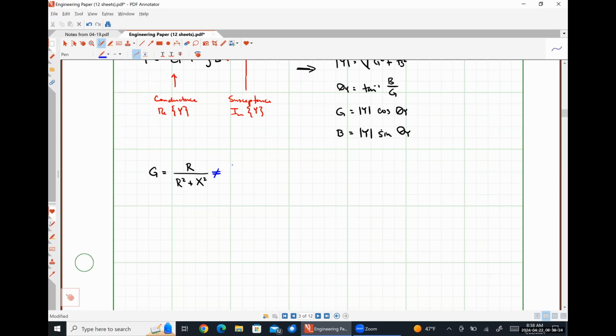This is not equal to simply 1 over R like we saw in DC circuits. So it has a slightly different meaning here in the context of an AC circuit. Our susceptance B is going to be negative X over R squared plus X squared.